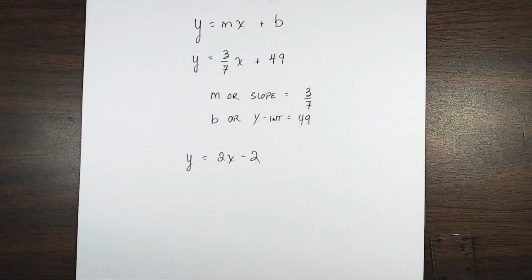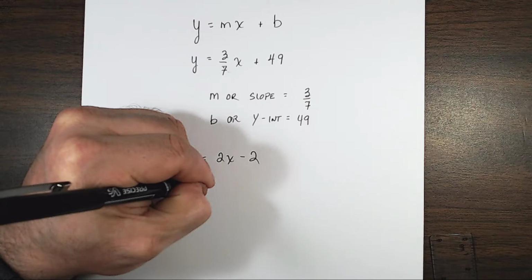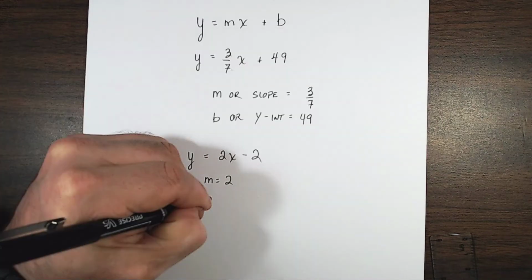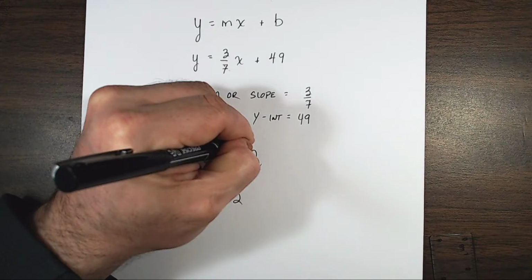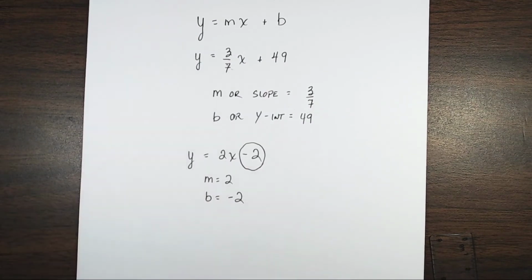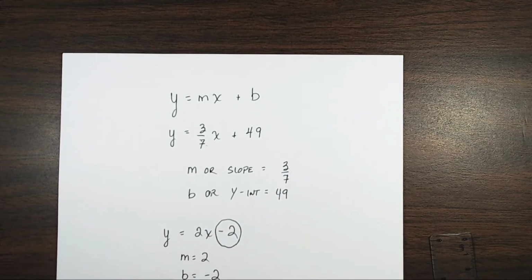All right, well, in this case, m equals 2, and b, or the y-intercept, equals negative 2. Okay, you have to carry the sign. Pay attention to that sign that's in front of your y-intercept. All right, so that is identifying the slope and y-intercept.